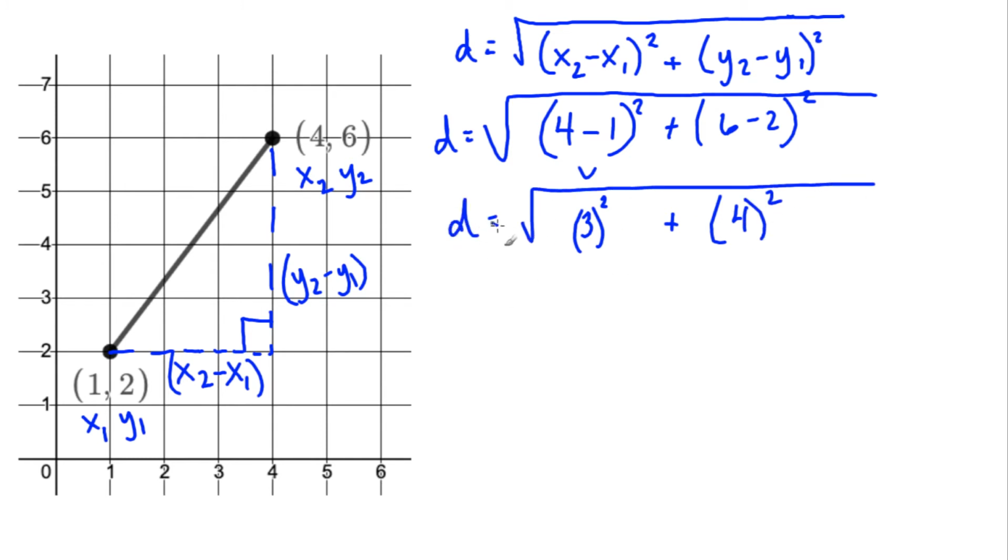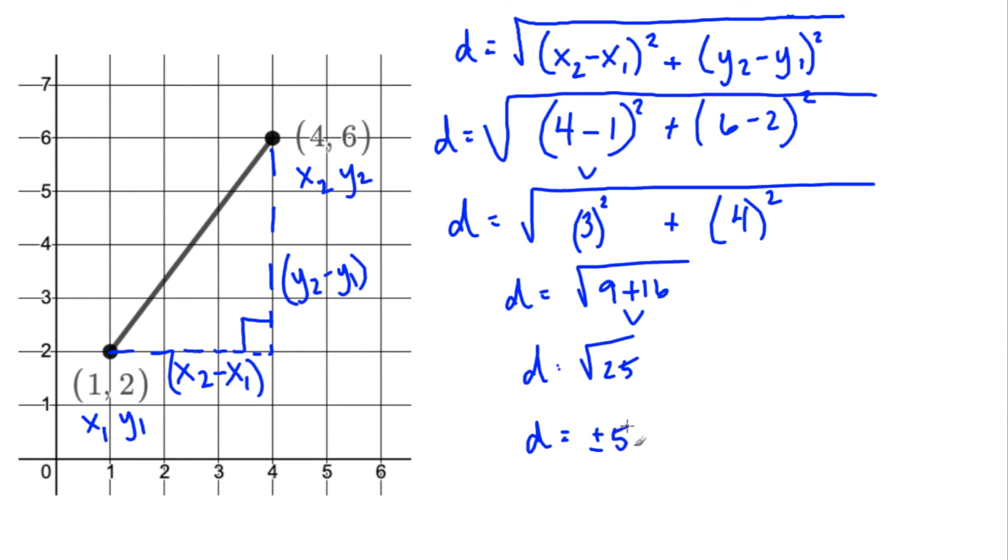Okay, so distance equals the square root of 9 plus 16, which is 25. Now remember, the square root of 25 is actually positive and negative 5.